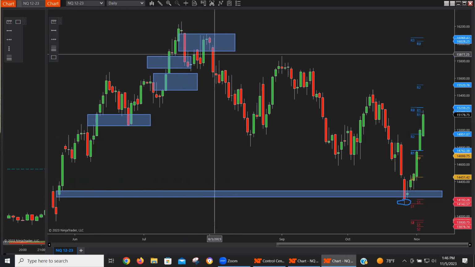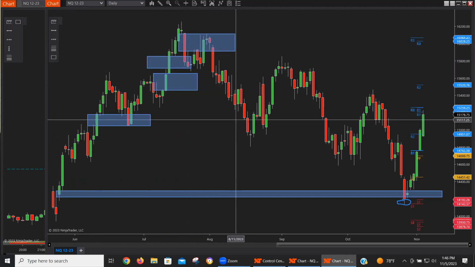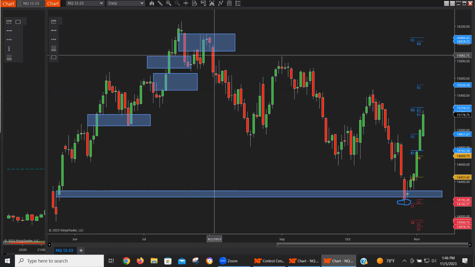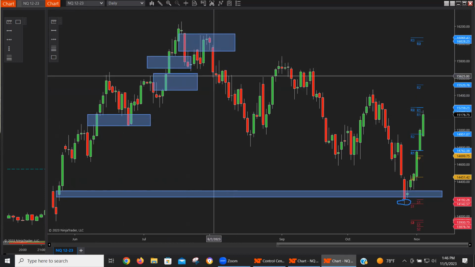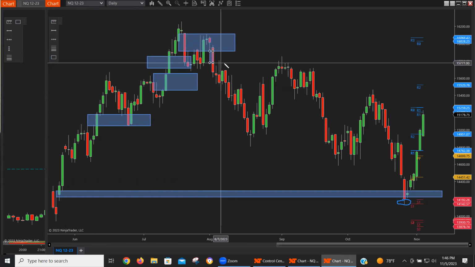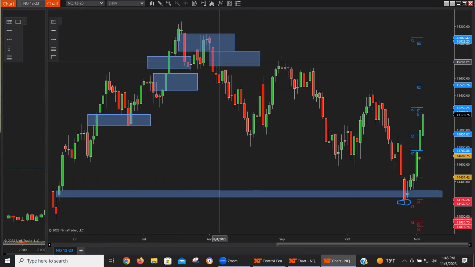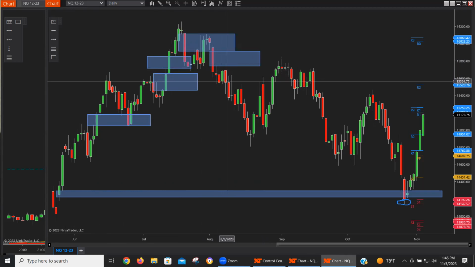And turned around to break another swing to the low. Broke this swing to create what? Another imbalance. Where is the imbalance once it broke? Came right back into it to continue down.